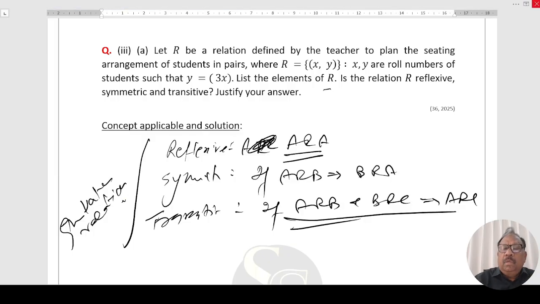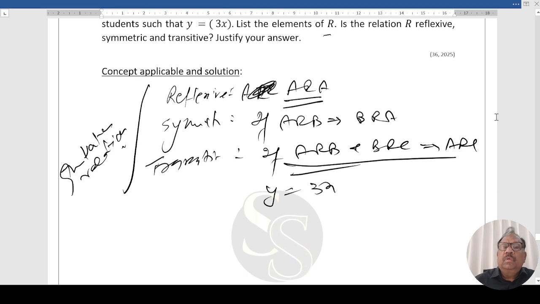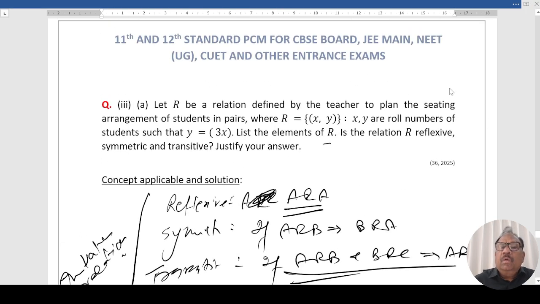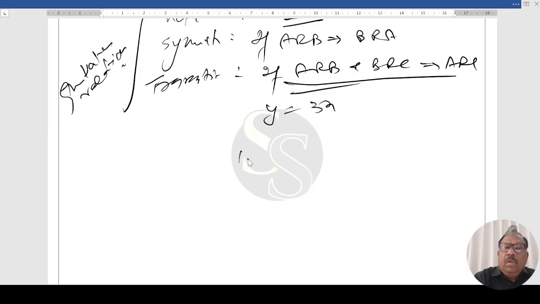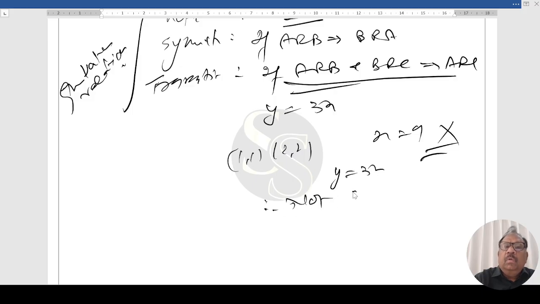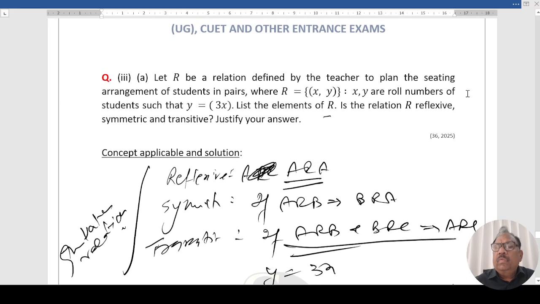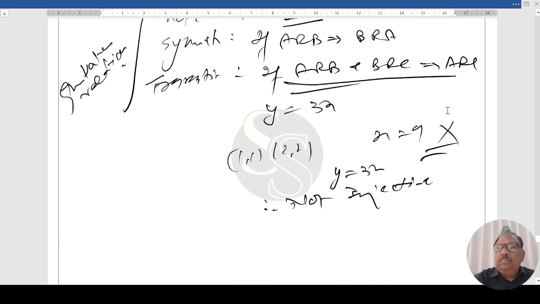Now, in this case, relation y equals 3x. Taking x equal to y will violate y equals 3x. Therefore, not reflexive.